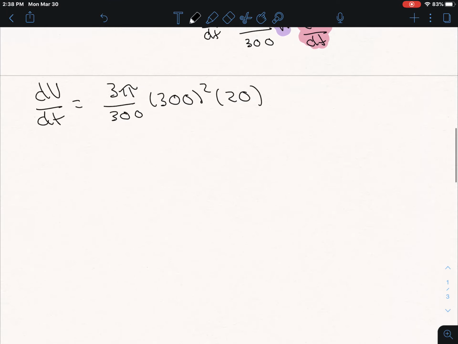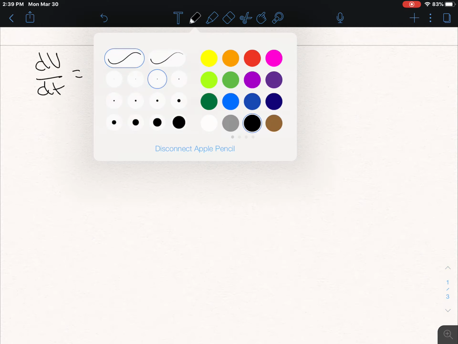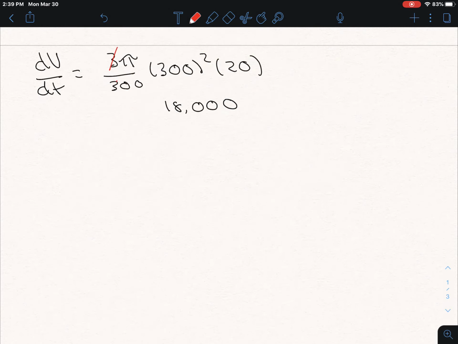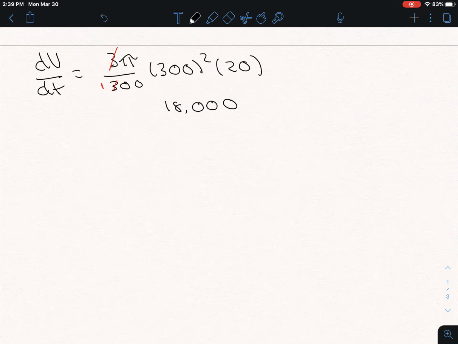All right, so we know 300 squared is 90,000. 90,000 times 2 is 180,000. And we can simplify our 3 and our 300, so it's going to be pi over 100 times 18,000, 18,000 pi over 100 is equal to dv over dt.